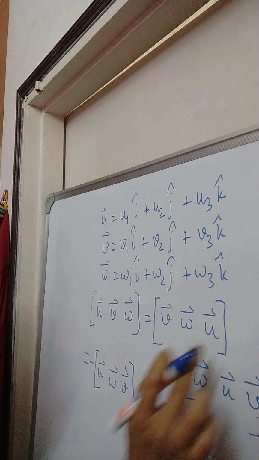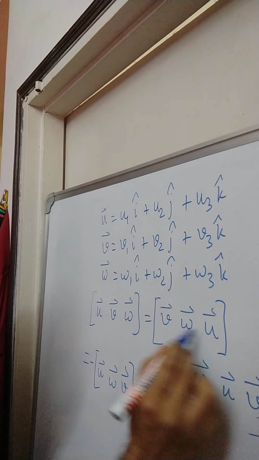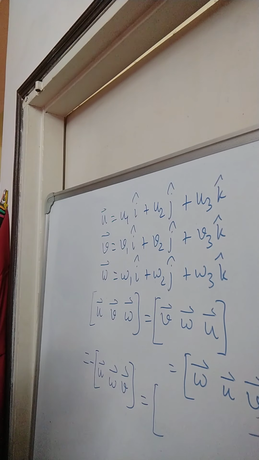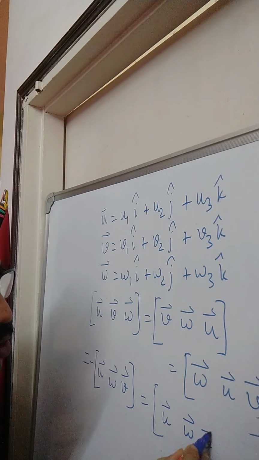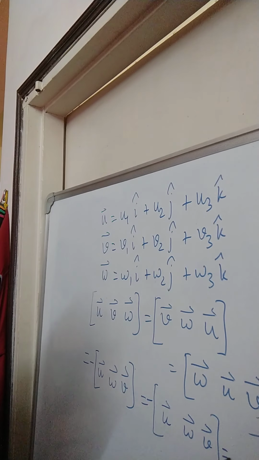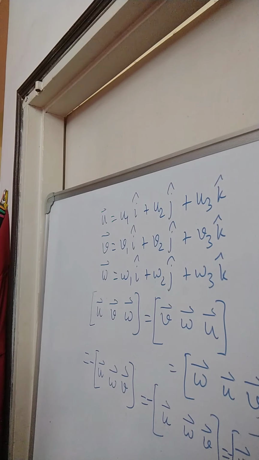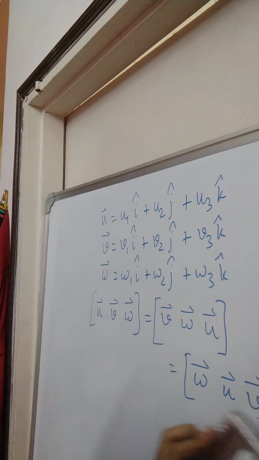We can disturb the order here also, by writing U W V. So, this is also minus, and we can disturb the order also by writing W V U. See, they are also different odd permutations and they all come with a minus sign. So, why are they the same?